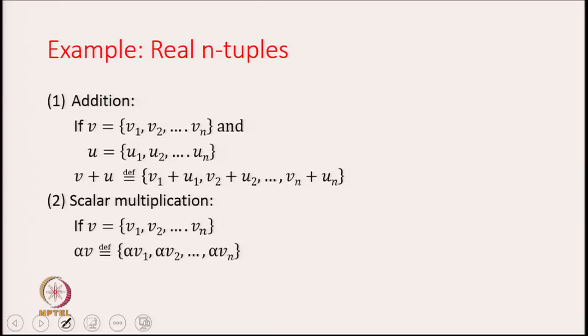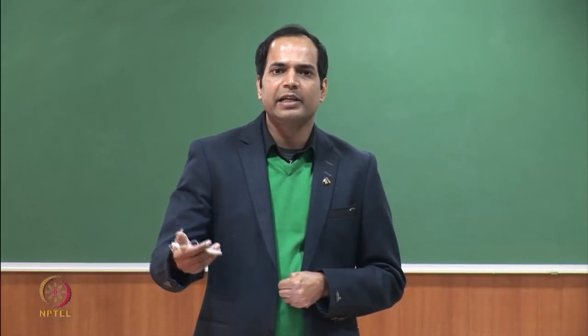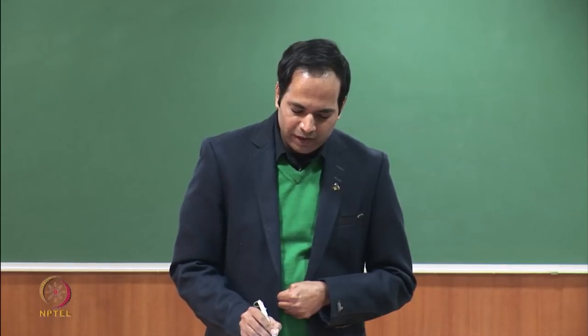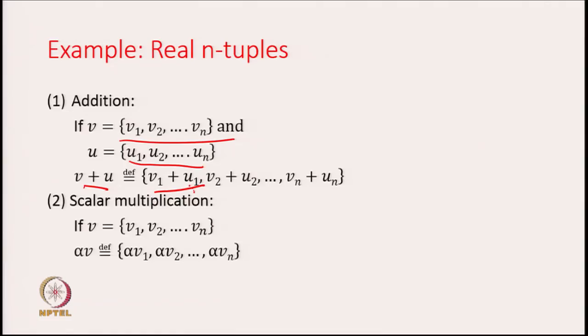Let us take an example with these n-tuples, and let us say that I have a vector v which is a set of n real numbers, and a vector u which is a set of n real numbers again. I can define the vector addition by taking an element from v and a corresponding element from u and adding these two together. So, we make an element-wise addition. As demonstrated here, you have added v1 plus u1, that forms the first element of vector v plus u.